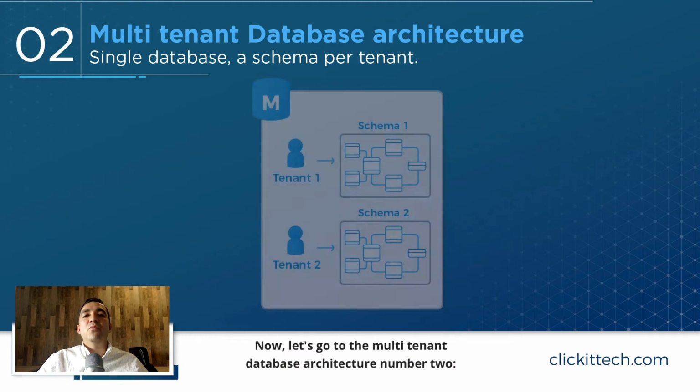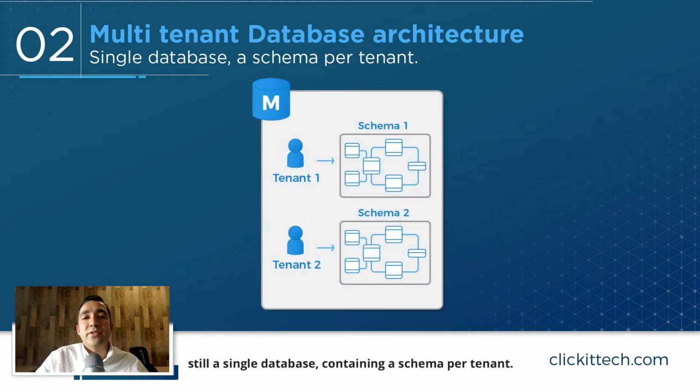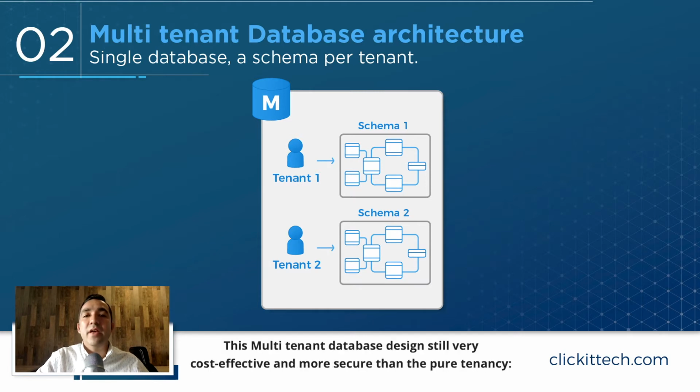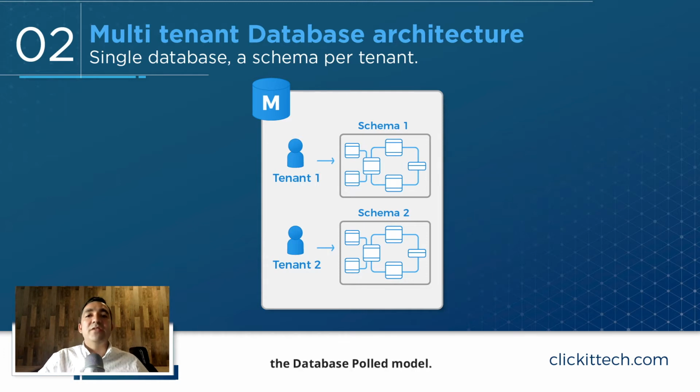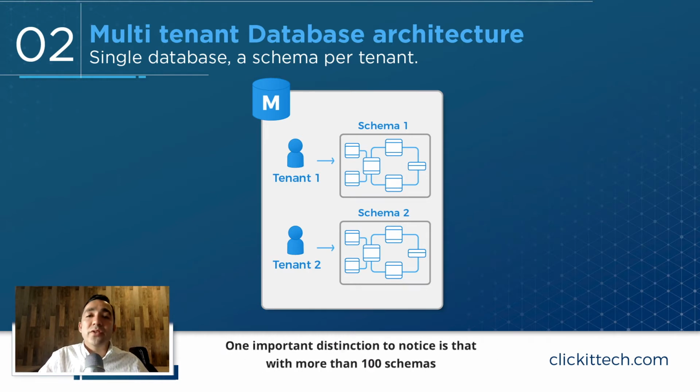Now let's go to the multi-tenant database architecture number 2. Still a single database, containing a schema per tenant. This multi-tenant database design is still very cost-effective and more secure than the pure tenancy, the database pool model. If you are concerned about data partitioning, this solution is slightly better than the previous one. One important distinction to notice is that with more than 100 schemas or tenants within a database, it can provoke a lag in your database performance.